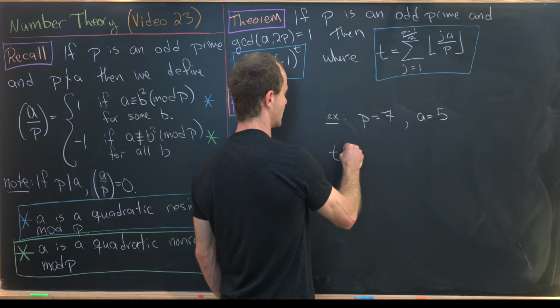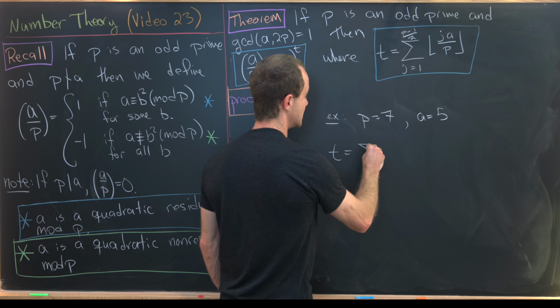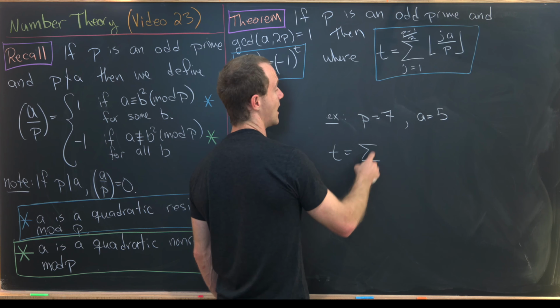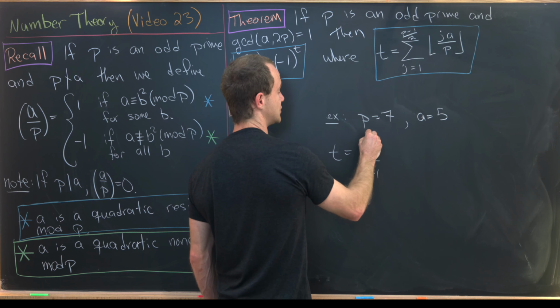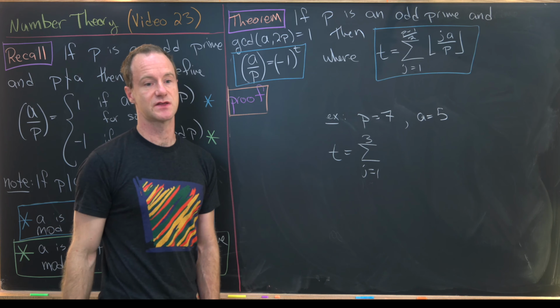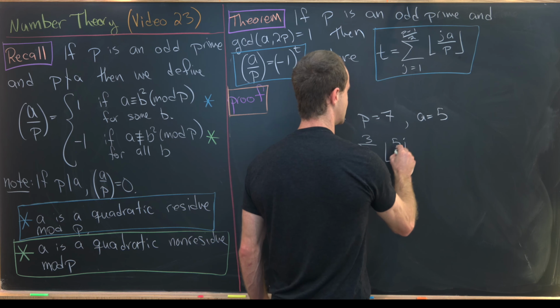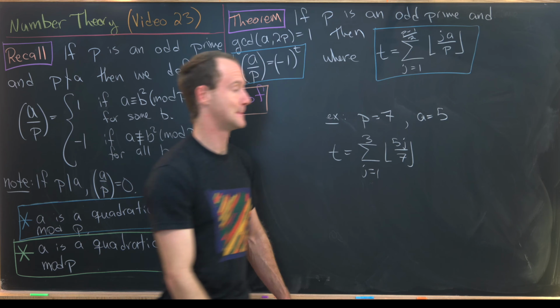Okay, well now let's calculate this number t. So that's going to be the sum as j goes from 1 up to (7 minus 1)/2, so that's 1 to 3, of the floor of 5j over 7.